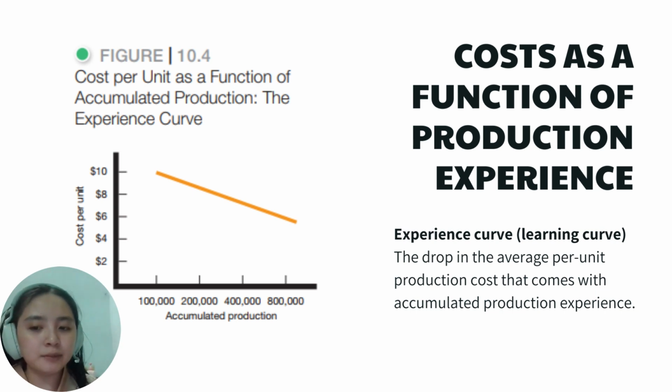When the company has produced the first 200,000 tablets, the average cost has fallen to $8.50. After its accumulated production experience doubled again to 400,000, the average cost is $7. So the drop in the average cost with accumulated production experience is called the experience curve or the learning curve.